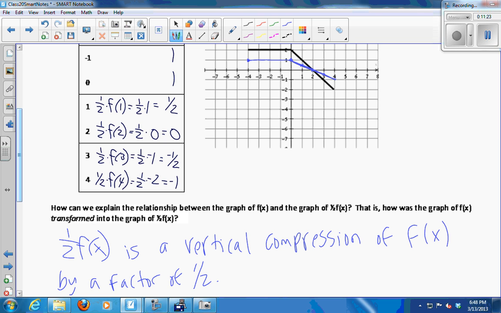And then what's the range of my compressed graph, my relative? -1 to 1. So my range shrunk by a factor of 1/2, right? My range is half of what it used to be. So that's another way to check or figure out what your factor is. Look at what happens to the range.